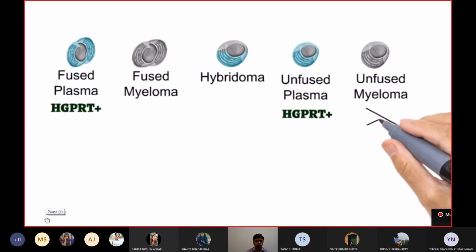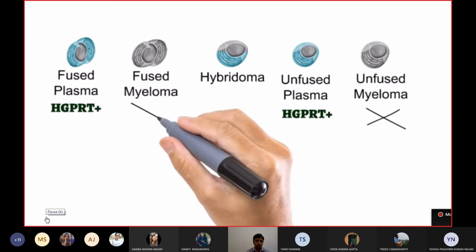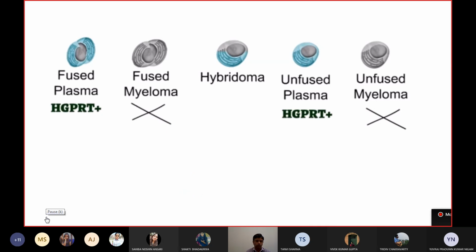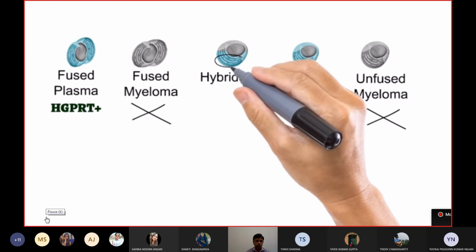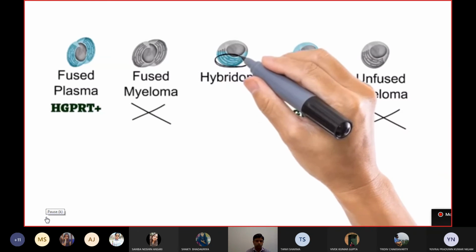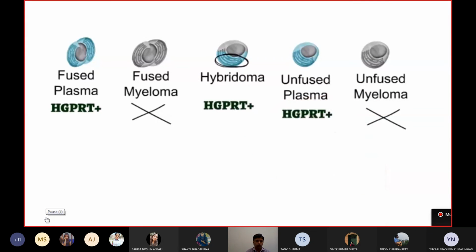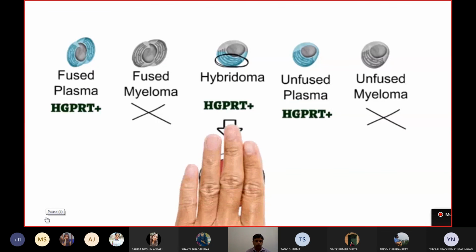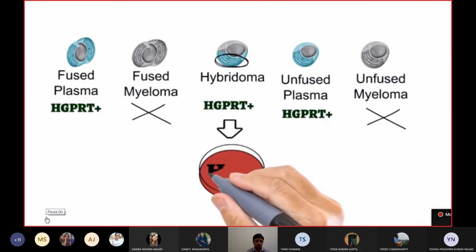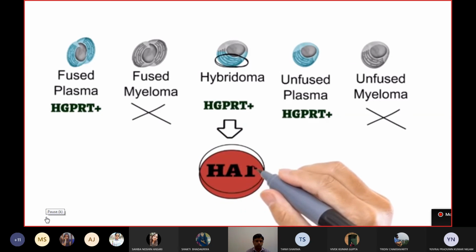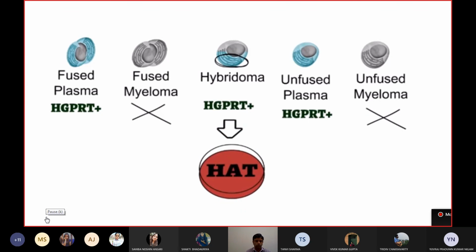Myeloma cells don't have the HGPRT enzyme, and therefore fused myeloma will also lack it. What about hybridoma? In case of hybridoma, one cell is plasma, and therefore it will have the HGPRT enzyme. Correct? Now, what will happen if all these 5 different kinds of cells are transferred onto the HAT media?